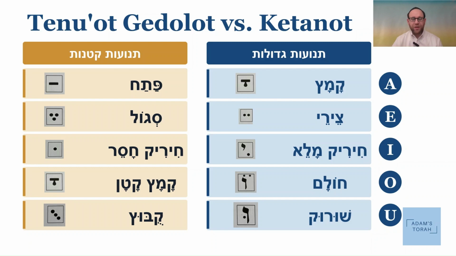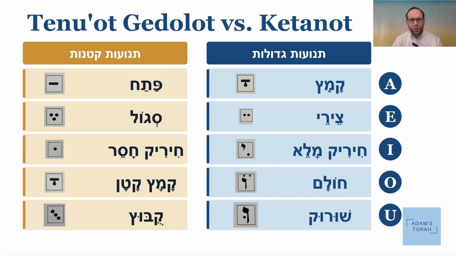And it's telling you that this chirik is a chirik maleh versus a chirik chaser. Chaser means empty or missing. It's missing that extra letter. It's a short vowel. That's going to be part of the Tenu'ot Ketanot group, and that's just a dot underneath. So that's how you know whether it's a Tenu'ah Gedolah or Tenu'ah Ketanah, whether there's a yud following it.